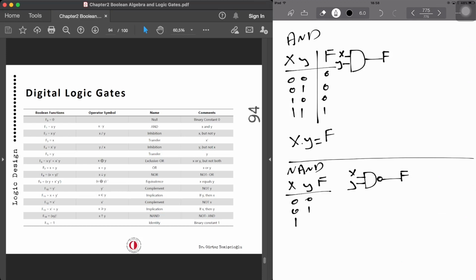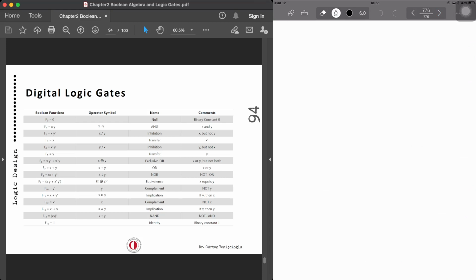So 0, 1, 1, 0, 1, 1. Opposite of it, that means zeros are becoming ones and ones become zeros. Okay? And the expression for it is F equals (X dot Y) prime. So we are taking the inverse, or the NOT, of AND. I actually call it NAND.